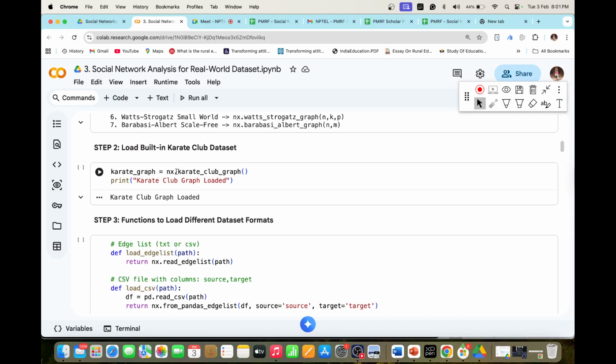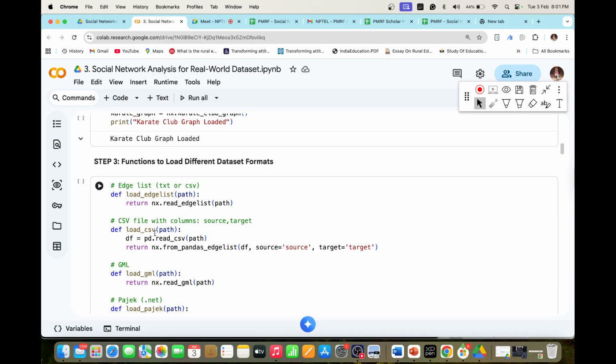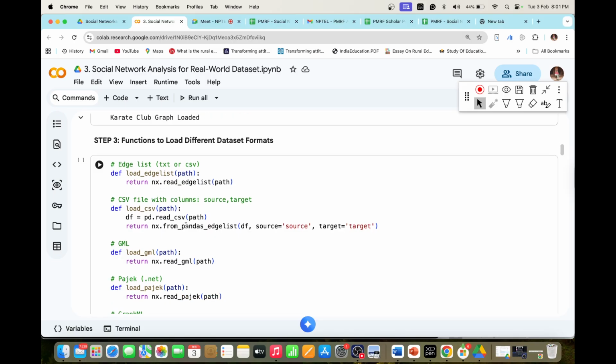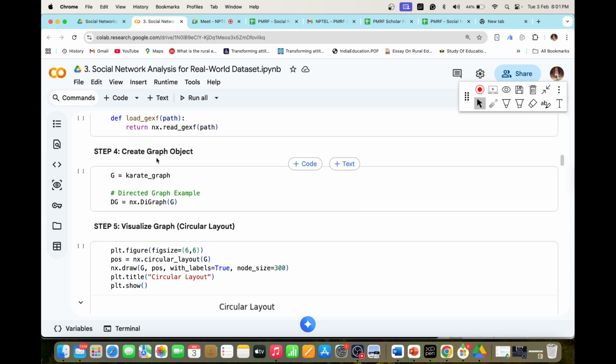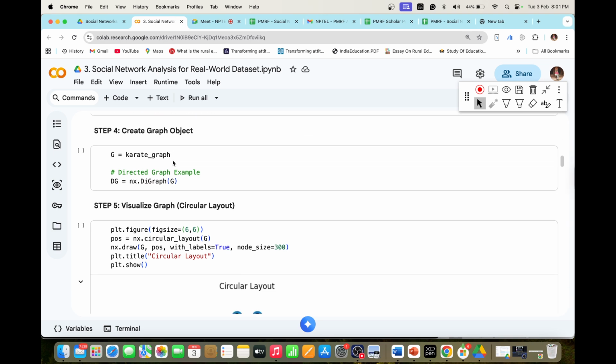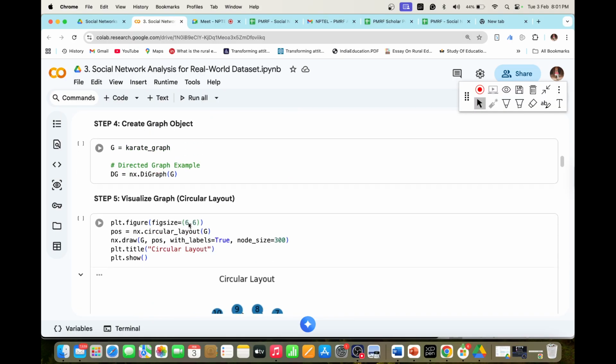This is a built-in dataset in NetworkX, so you can just call it. But if you download the dataset and upload it to Colab, then for seeing the dataset you have to load it like this and then return it like this. Then we create a graph object using this. So this is how our graph has been created.